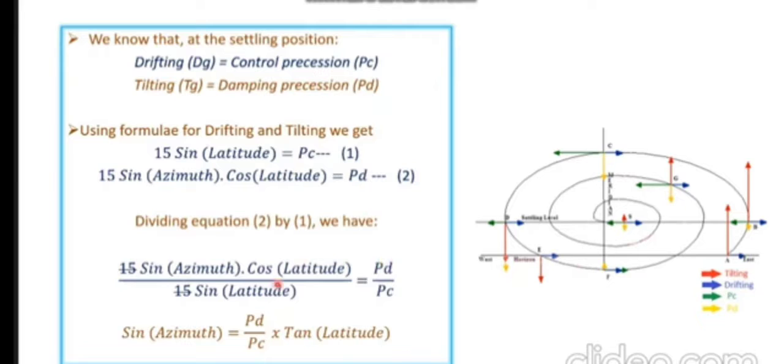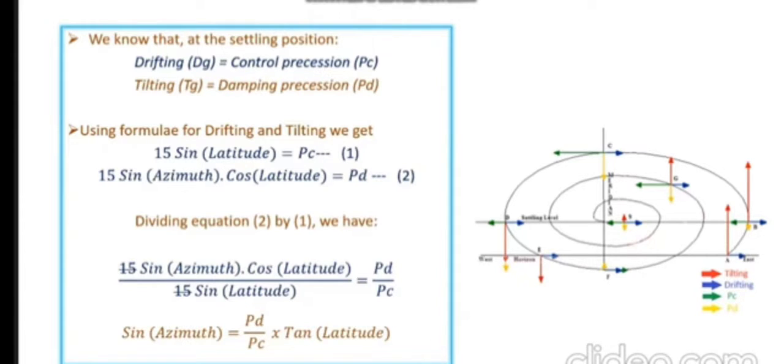As we do it, we get the relationship 15 degrees sine of azimuth cos of latitude divided by 15 degrees sine of latitude is equal to PD upon PC. 15 gets cancelled in the numerator and the denominator, and we are left with sine of azimuth on the left hand side, equal to PD upon PC, and you see the cos latitude upon sine latitude is taken onto the right hand side of the equation, and when it goes on the right hand side it becomes sine lat upon cos lat, which converts to tangent of latitude.